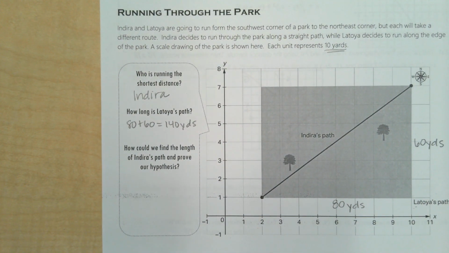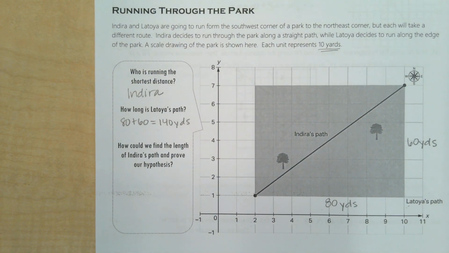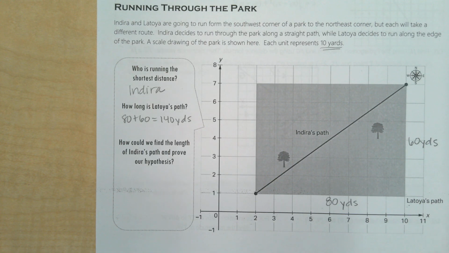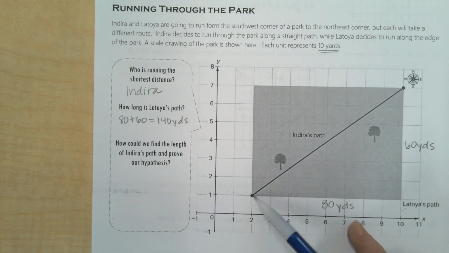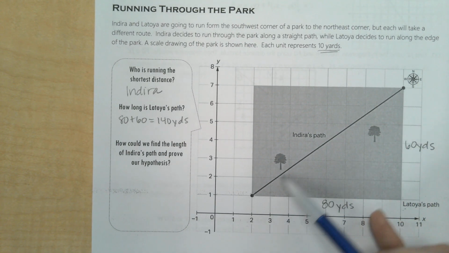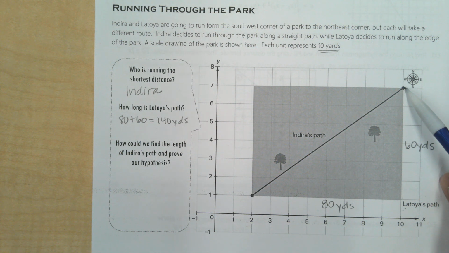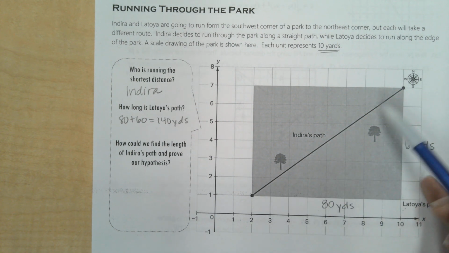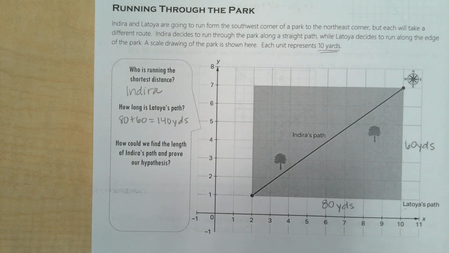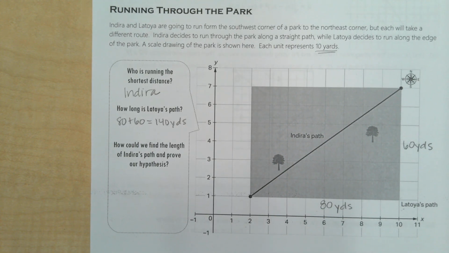All right. So how do you think that we could get Indira's path? Can we count this? No, why can't we count it? Yeah, it's a diagonal. So we can't actually count it like we did the length and the width, right? What could we use?